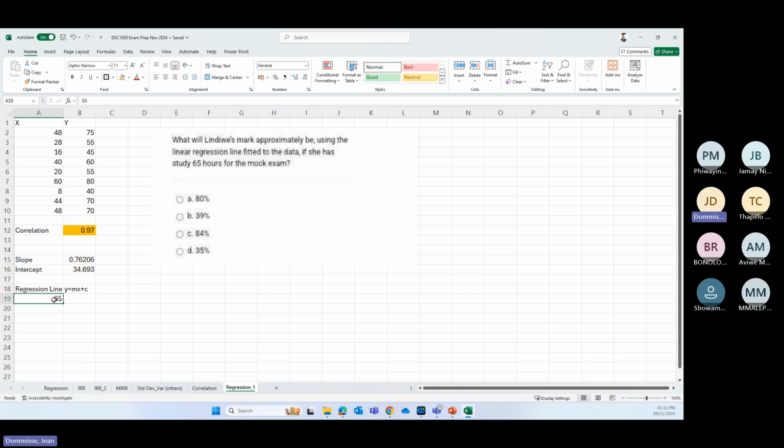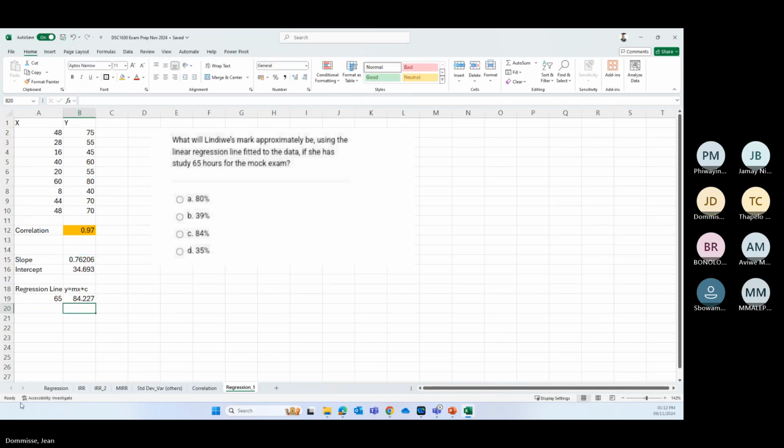And we want to know now for this instance where she got 65, what is her estimated mark? And so we've got the slope. We know that this is the time that she spent on it. And then to complete the formula, we will add the intercept.